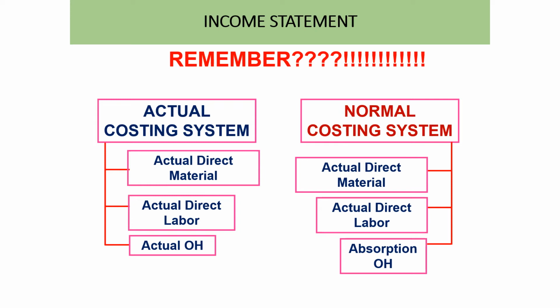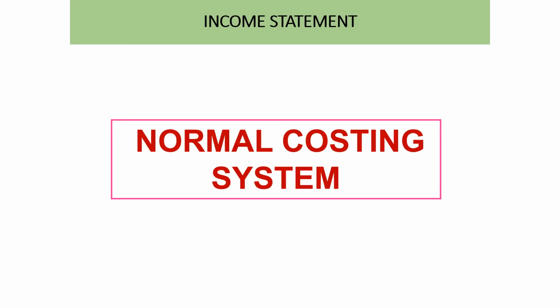So the difference between actual and normal is the manufacturing overhead. Under actual, we use the actual overhead, but under the normal costing system, we use the absorbed overhead. Okay, we look into the income statement. Now we look into the normal costing system.